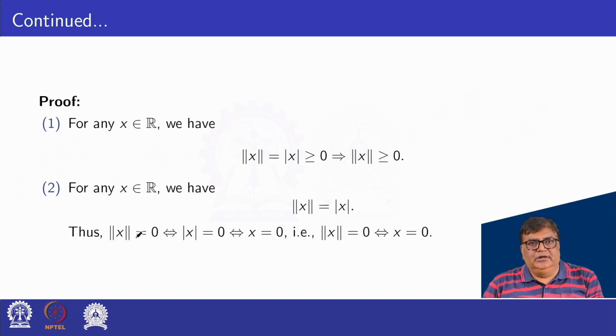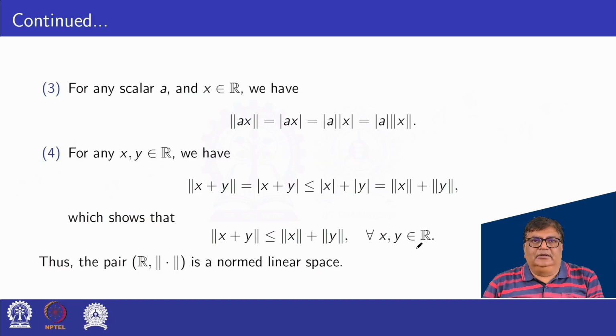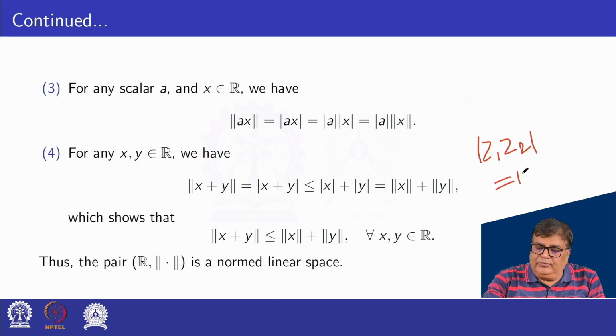It means ‖x‖ is equal to 0 if and only if x is equal to 0. Third, if a is a scalar, then ‖ax‖, with the norm defined by |x|, is equal to |ax|, and we know that |z1 z2| is equal to |z1| |z2|.